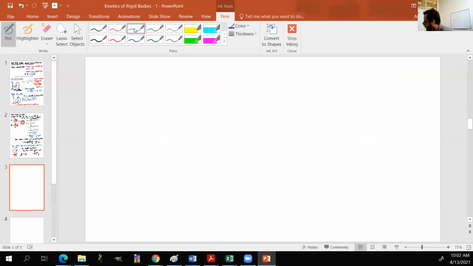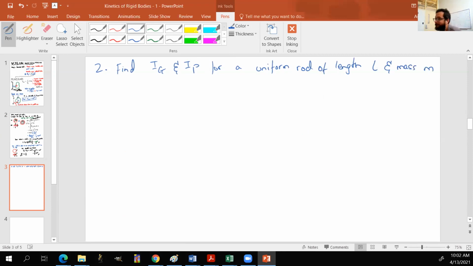All right, next we're going to find IG and IP for a uniform rod of length L and mass M. So drawing it out, we've got the uniform rod like that.